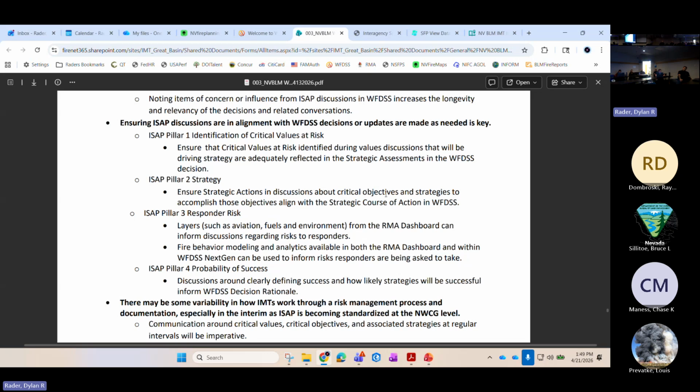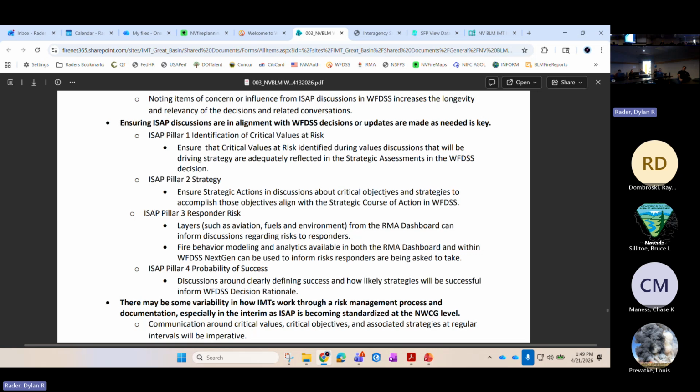The strategy section of ISAP, that kind of comes in after the team comes in, right? So if we have taken the time in pillar 1 to identify what our critical values at risk and priorities for protection are, then when the team comes in, they take a look at that information through the WFDSS, through the end briefing, and they start developing their operational plan. And they start to develop what their strategy is going to be.